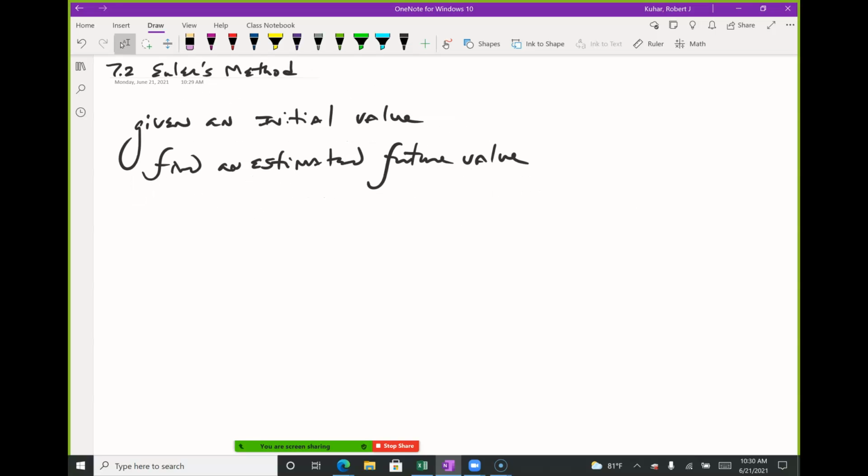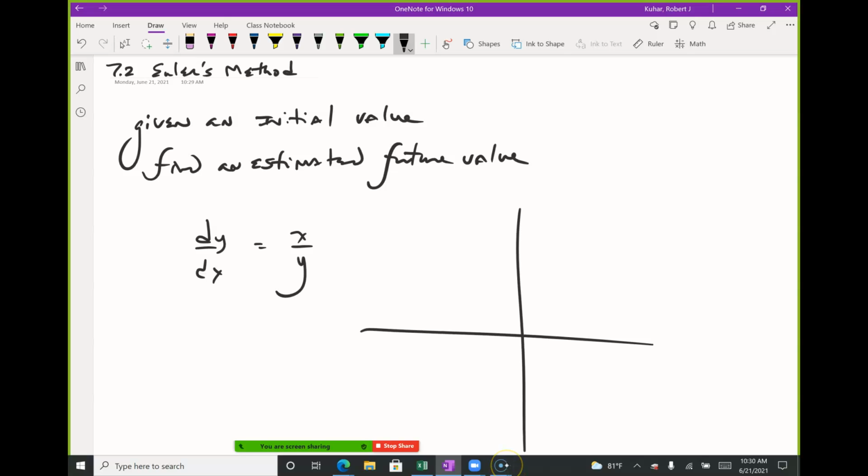So if I had a dy dx, like I had before, x over y, I could draw that slope field, and if my initial value was (0, 1), I could kind of predict where y of 1 would be.